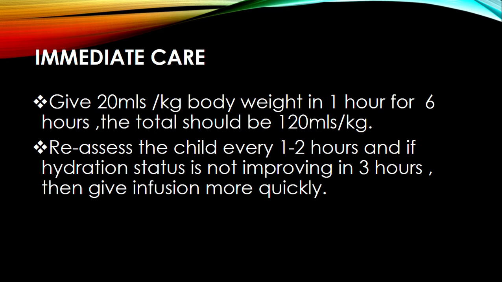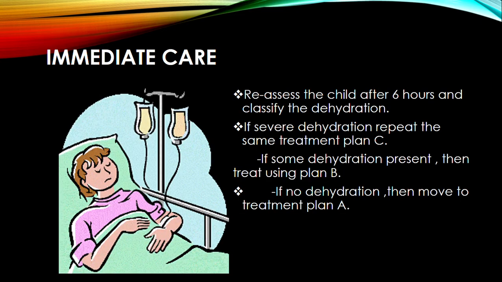Then we reassess the child. As we are giving fluids either intravenously or through the nasogastric tube, we are observing the child every 1 to 2 hours. And if the hydration status is not improving, if it's an IV, we have to run it faster so that we prevent dehydration.